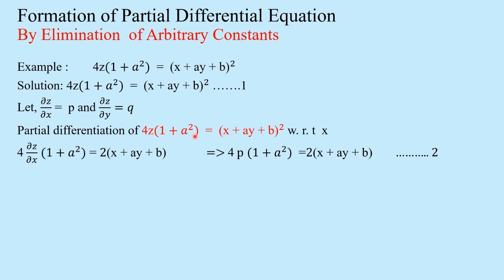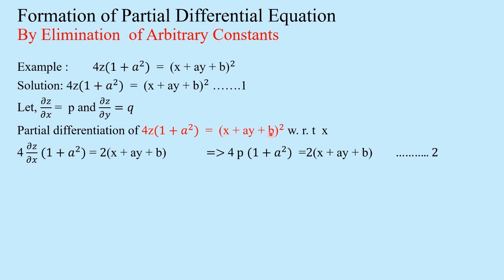So here we will be using the constant multiplication rule while doing differentiation. So we get 4 ∂z/∂x into 1 plus a square is equal to, here on differentiation this will become 2 into this term, and then again we have to differentiate each term here.